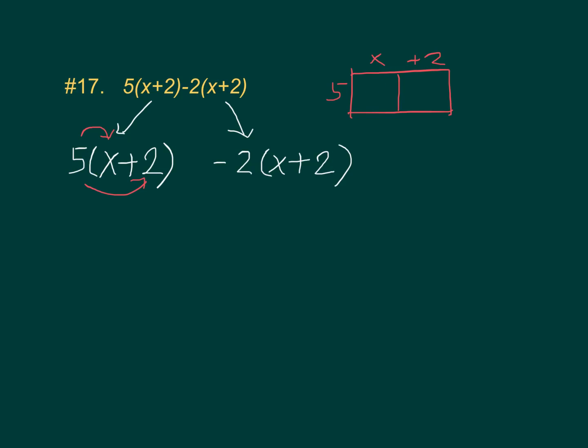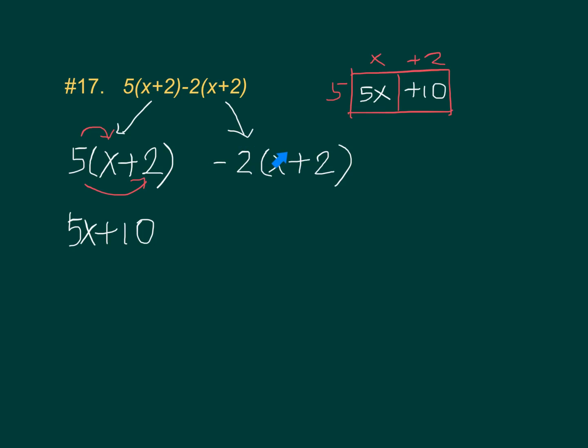So 5 times x gives you 5x, and then 5 times 2 is 10, so plus 10. So 5x plus 10.